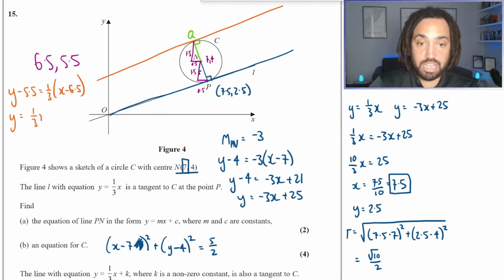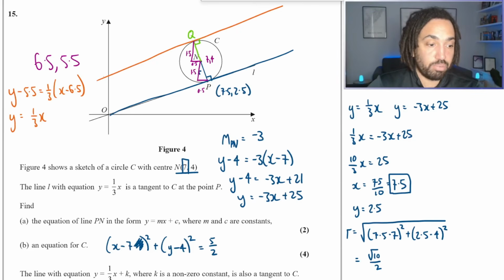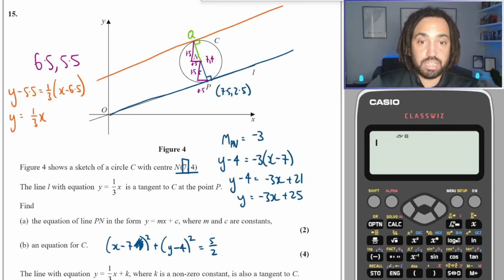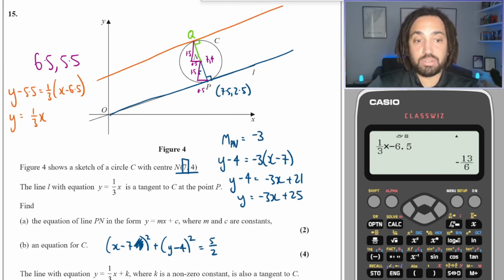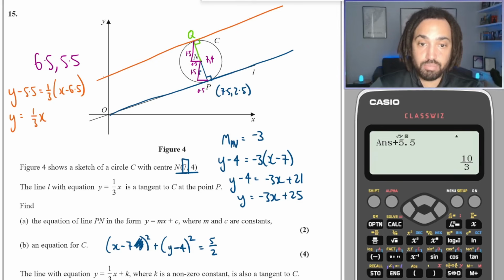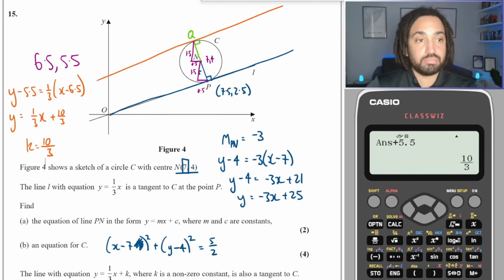So I'm going to get a third x, I'm going to get a third times minus 6.5, then add 5.5. So let's do that. So I'll do a third multiplied by minus 6.5, and then I would add on the 5.5, and I would get 10 over 3. So plus 10 over 3. So that is the k value, 10 over 3. Job done.